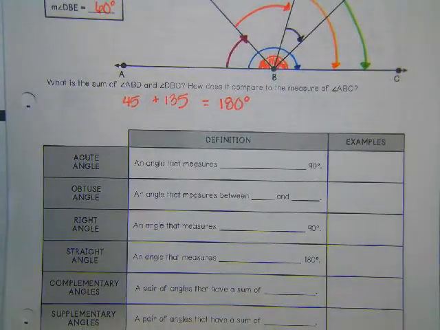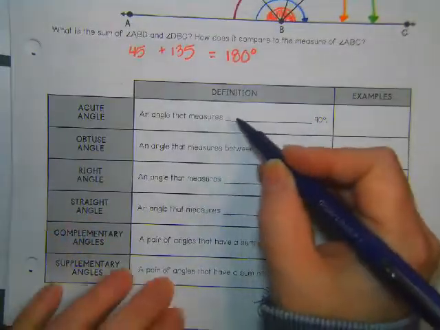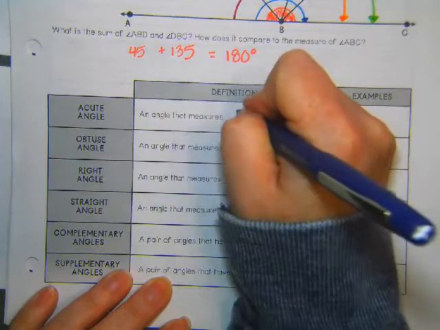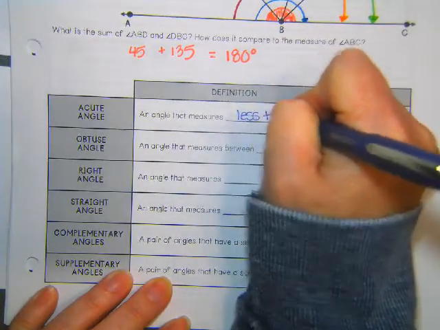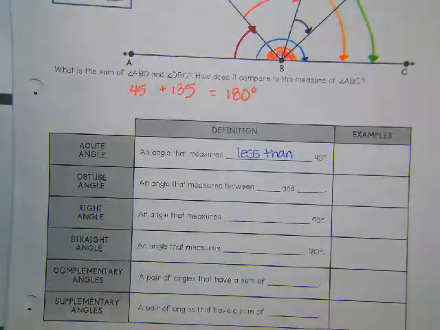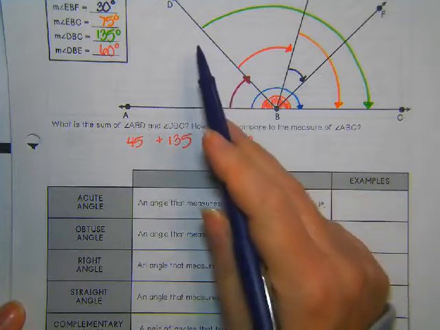All right, looking at this, an acute angle. An acute angle is an angle that measures less than 90 degrees. An example up here would be ABD.